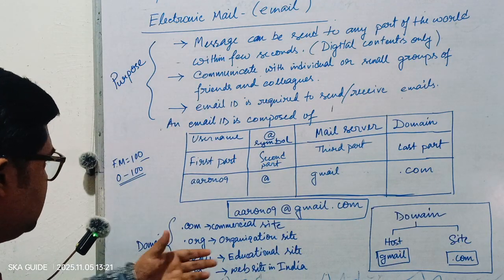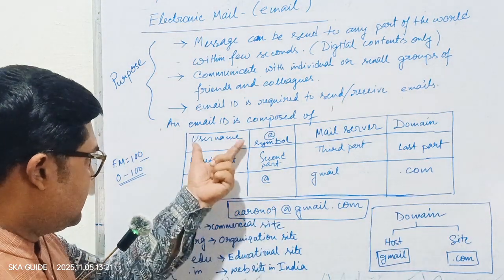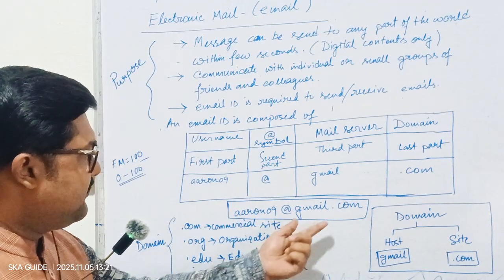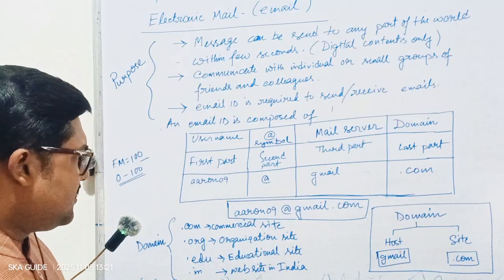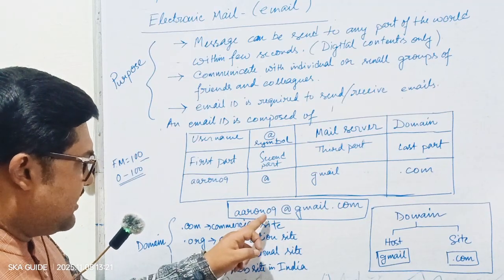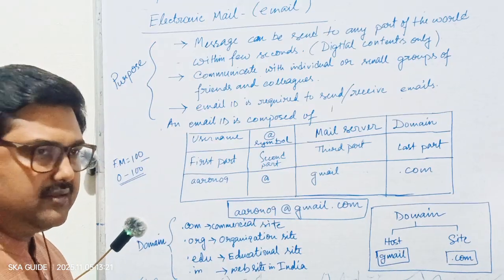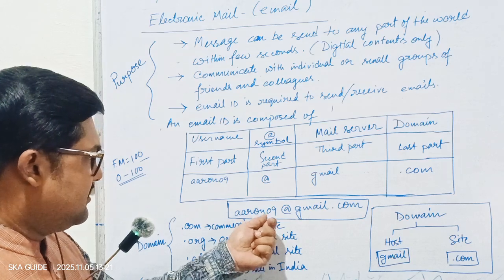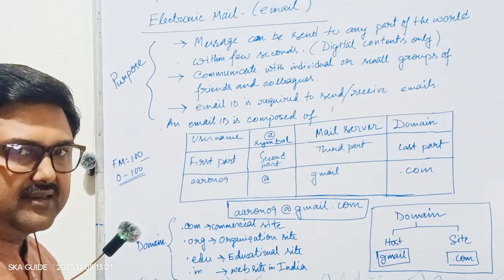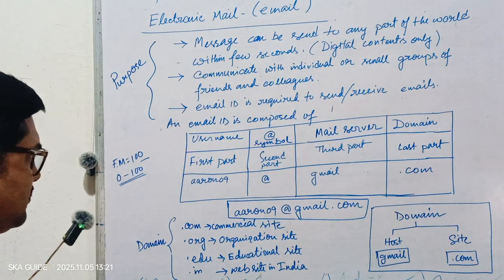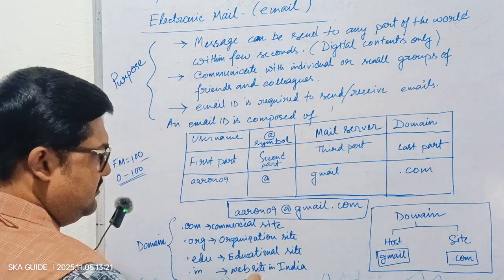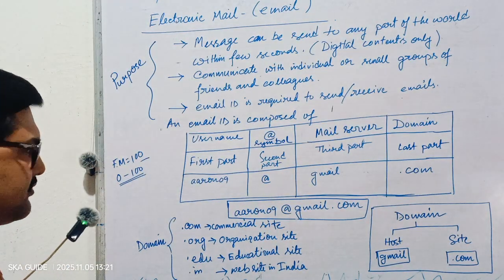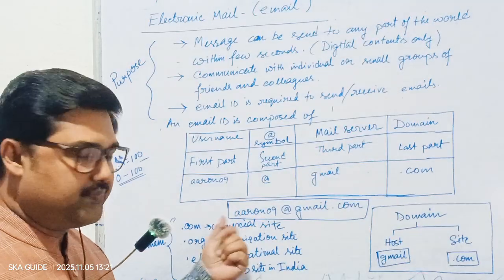Now this part is called username. The username should be unique for a mail server. Like aaron09 at the rate gmail.com cannot have another aaron09 at the rate gmail.com. You can have 099, you can have 0963, or whatever number you can put to differentiate if your name is the same.